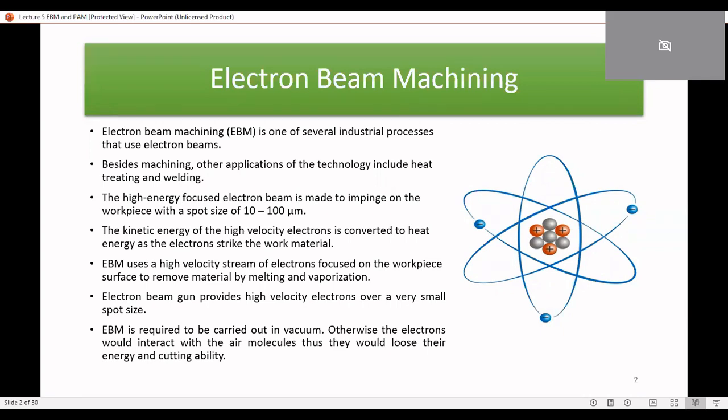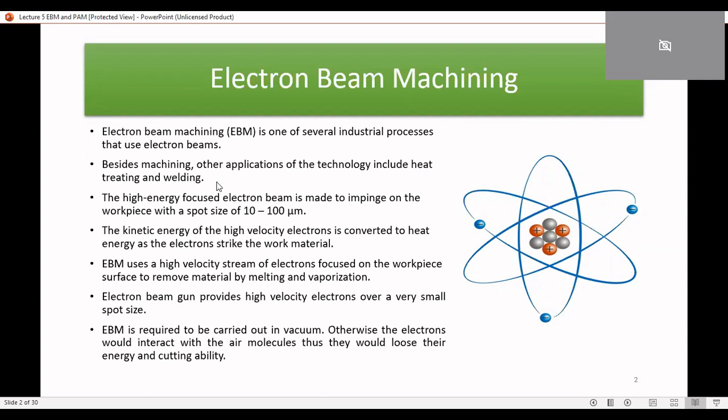The principle of removal is a bit different. Besides machining, other applications of the technology include heat treating and also welding. So EBM can also be used for heat treatment and welding.